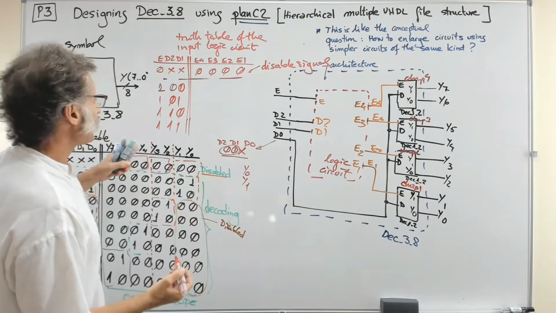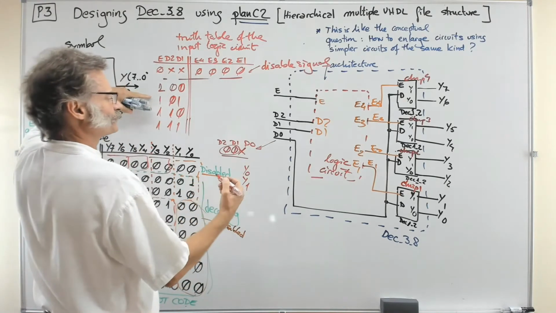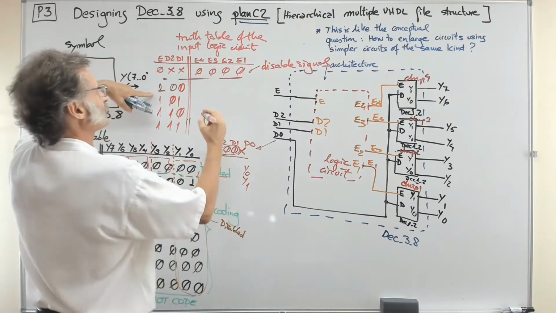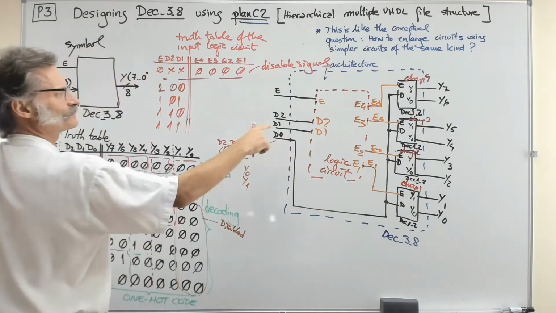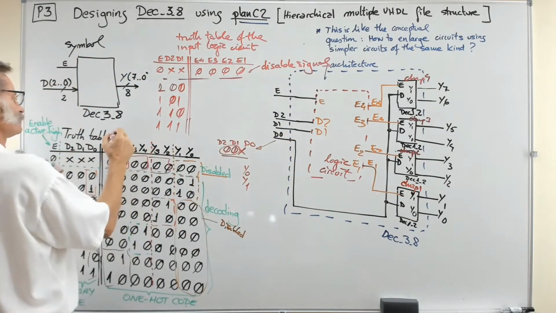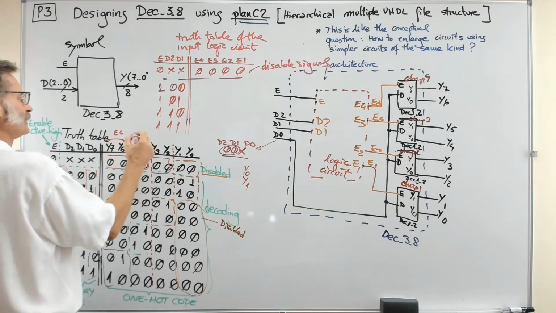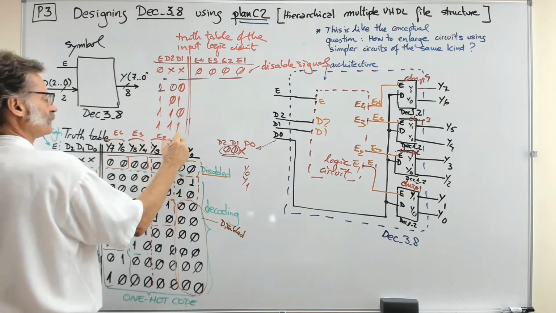Okay, you like to generate signals like this. The E4, that is for the chip 4. So this is, to make it clear, E4. This is driving E3, E2 and E1.